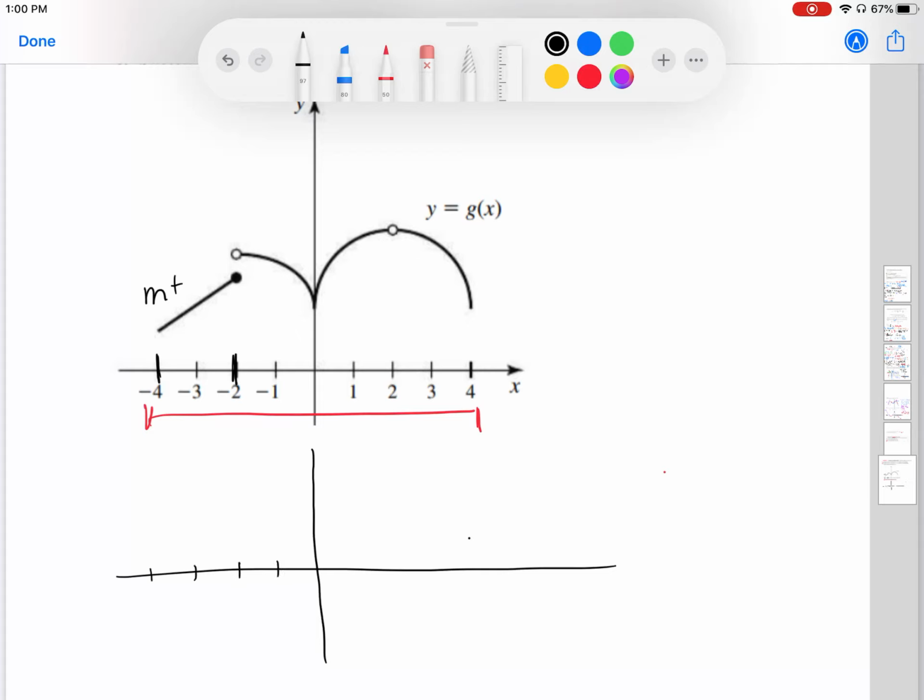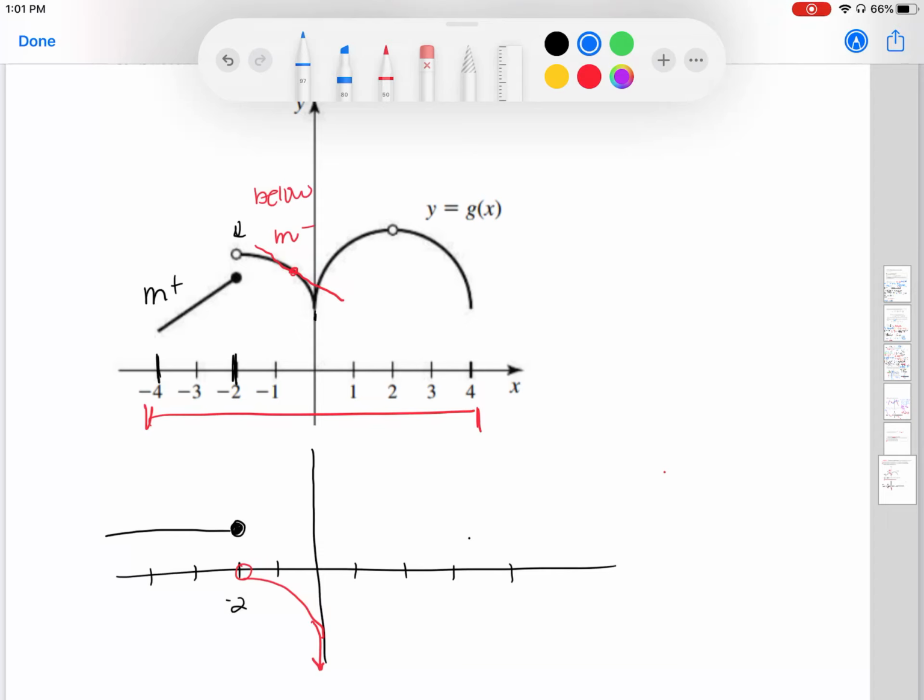From -2 with the open circle to 0, we have a negative slope. When we have a negative slope and it's not a straight line, the derivative is going to be below our x-axis.